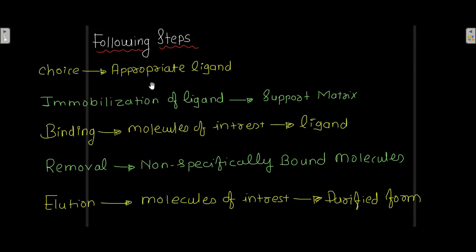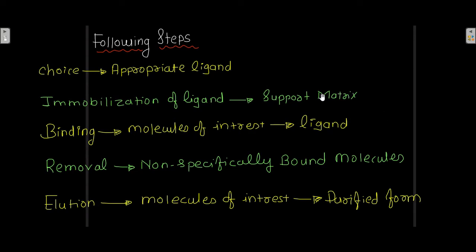The operation of affinity chromatography involves these steps. The first step is the choice of the appropriate ligand. After that, there is immobilization of the ligand that you chose on a support matrix. Then there is binding of the molecules of interest with the ligand.